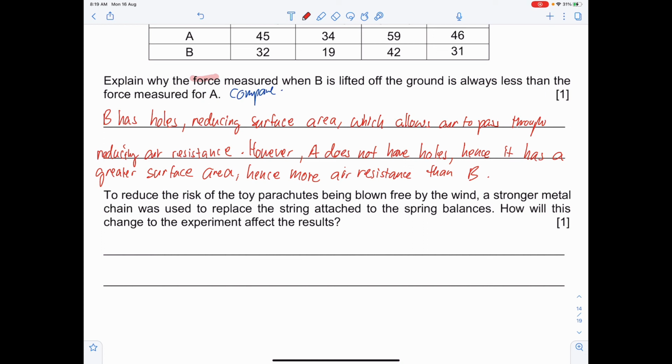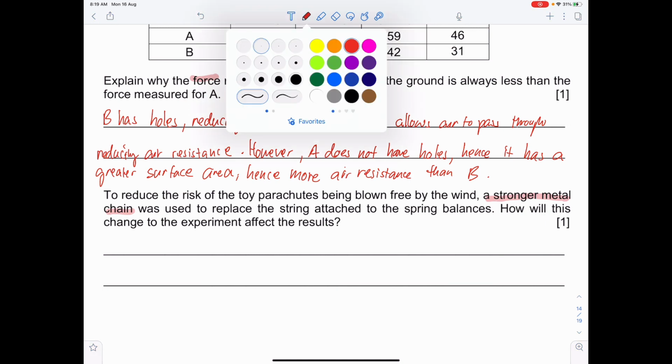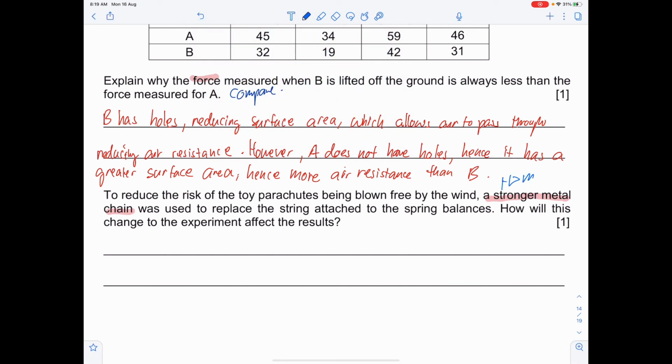Then the next question goes: to reduce the risk of a toy parachute being blown away by wind, a stronger metal chain was used to replace the string attached to the spring balance. How will this change to the experiment affect the results? When you think about it, a stronger metal chain versus a string, what is the difference? The difference is mass between the string and the metal chain.